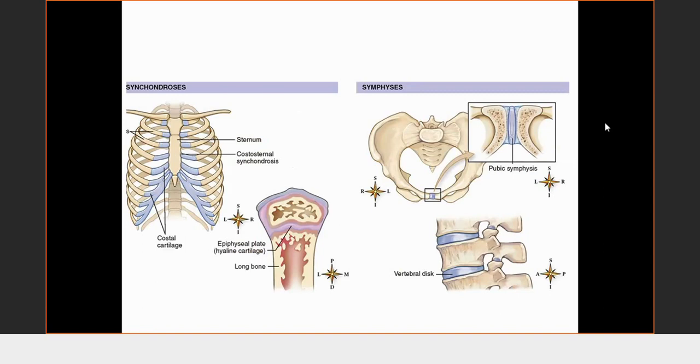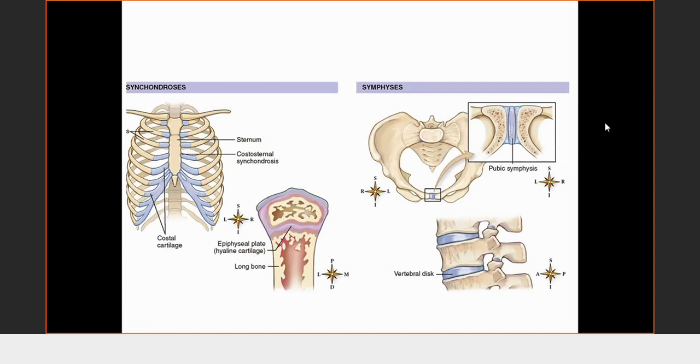The growing ends are known as the epiphysis, and the epiphyseal end of the diaphysis, that is known as the metaphysis. Here you can see that the epiphyseal plate is hyaline cartilage. So between the epiphysis and the diaphysis, this joint is basically the primary cartilaginous joint, and there is no movement at all.